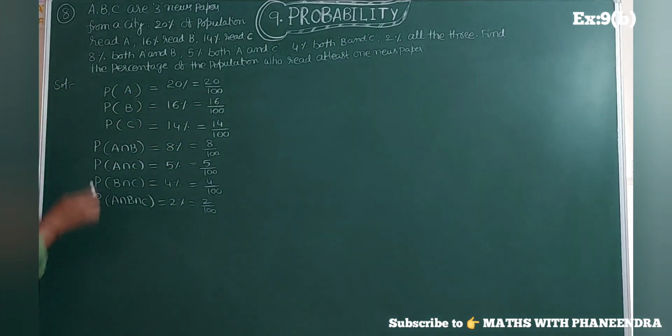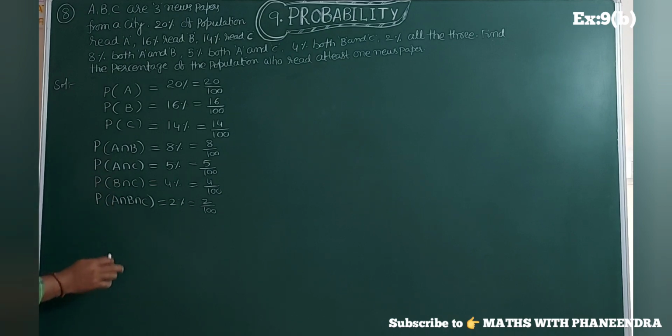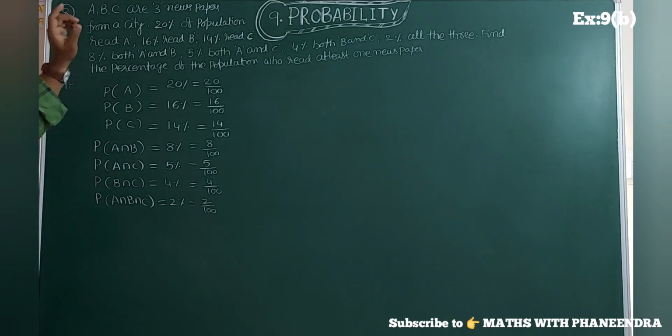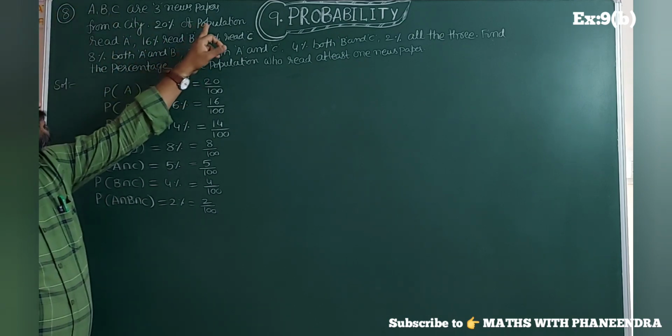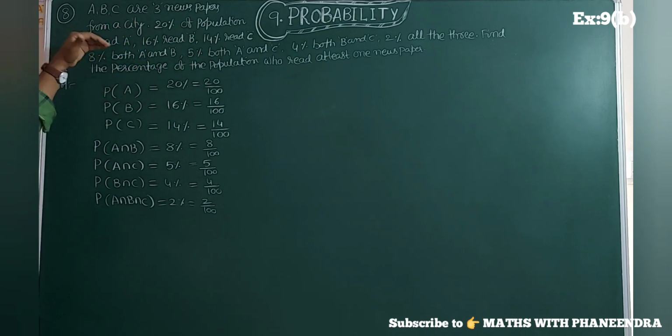See here, these are the probabilities of the three newspapers A, B, C read by the population of the city.